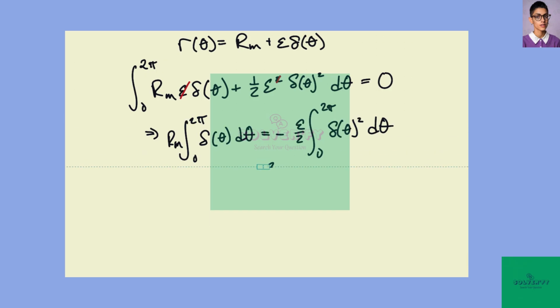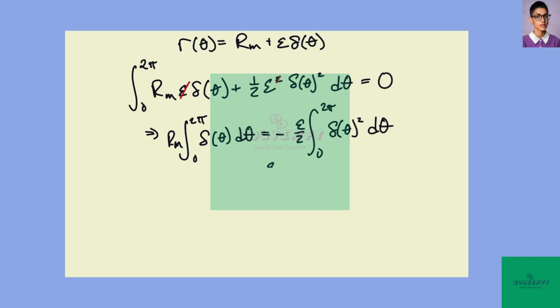Or we can get a relationship between the integrals of these functions. If we're given rm, then we have a relationship between what the integrals of these functions can be. Note that this thing is always positive. If epsilon is positive, then this thing must be negative because this is positive.